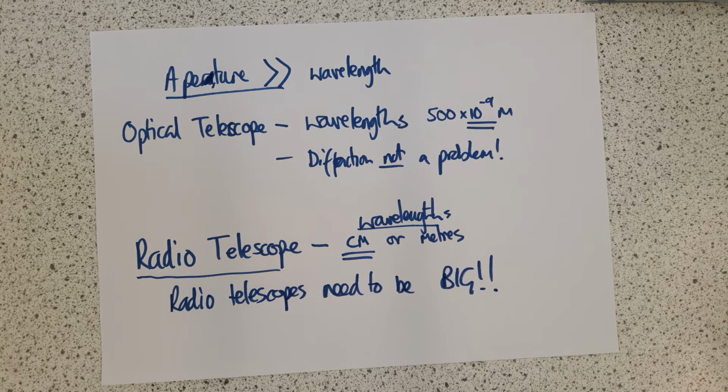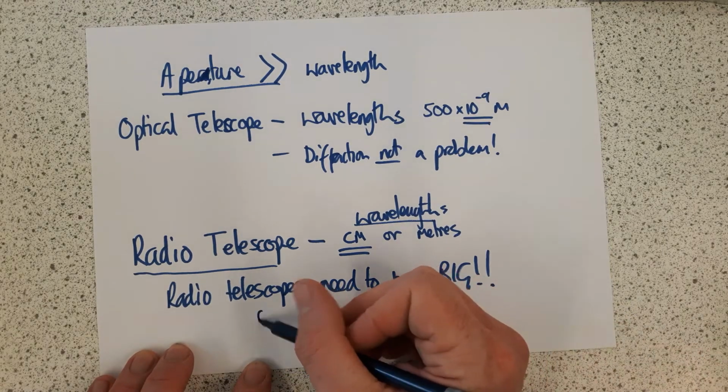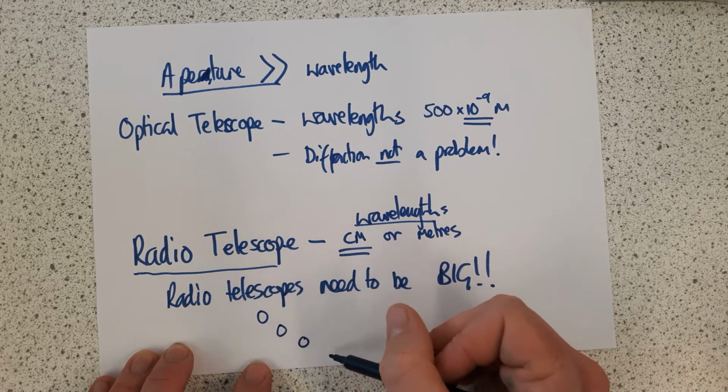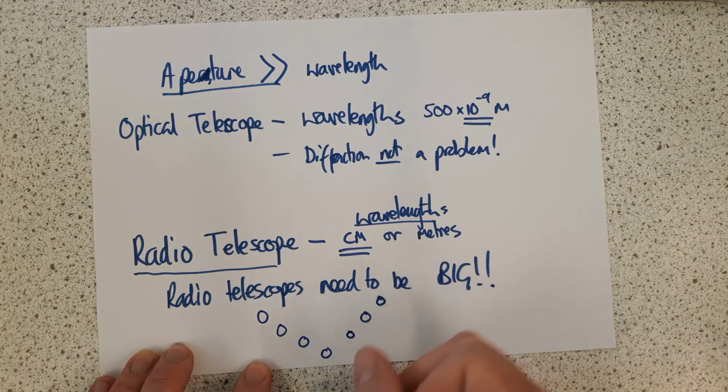Now, the biggest radio telescope in the world, I think, is around 500 meters in diameter. But obviously, those ones aren't very maneuverable. But you can get over this by using an array of telescopes. So this is a series of radio telescopes arranged in an array, and you imagine that carrying on in all directions.